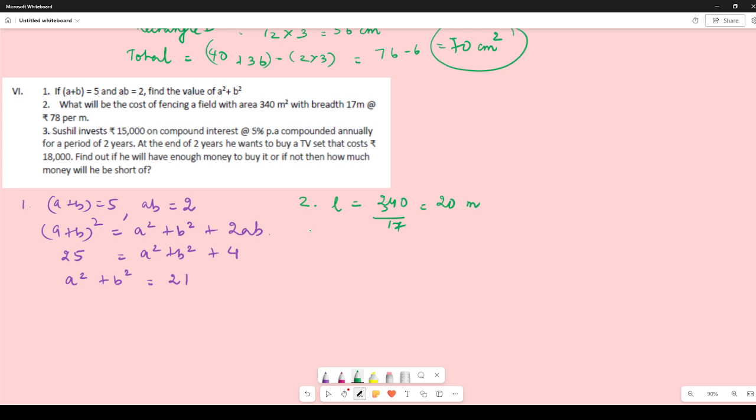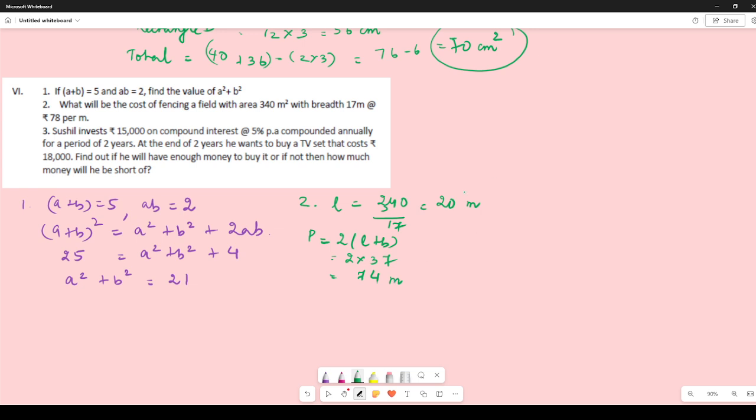So now we find out the perimeter. Perimeter is equal to twice length plus breadth. When we say twice length plus breadth, we get 2 into 37. So 20 plus 17 is 37. That is equal to 74 meters. Right.